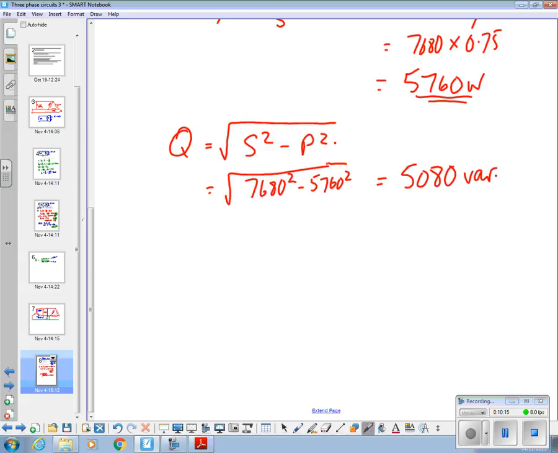I'll put this on the same page. What did I say up front? Phasor diagram. Well done.